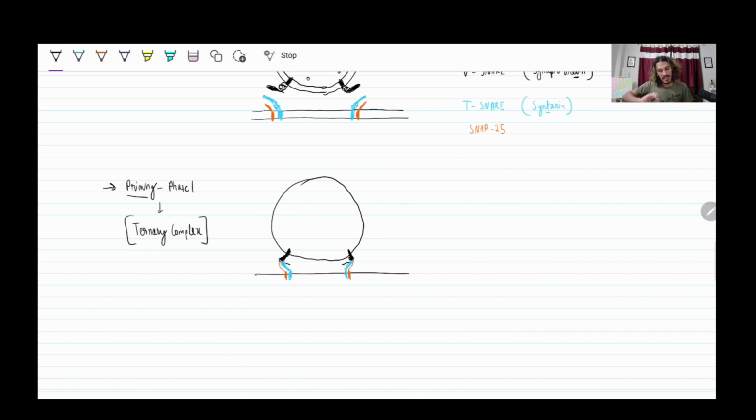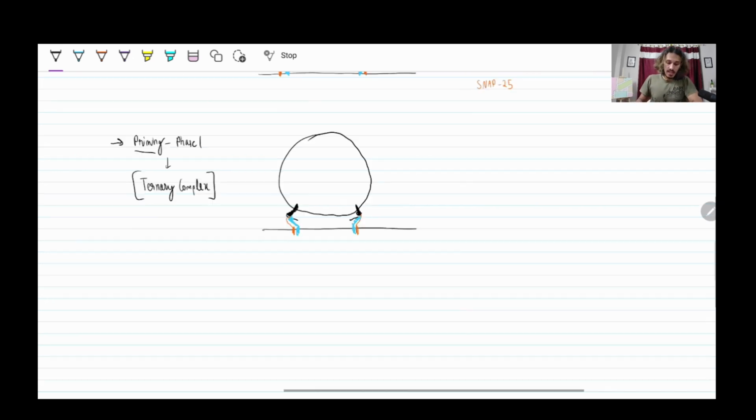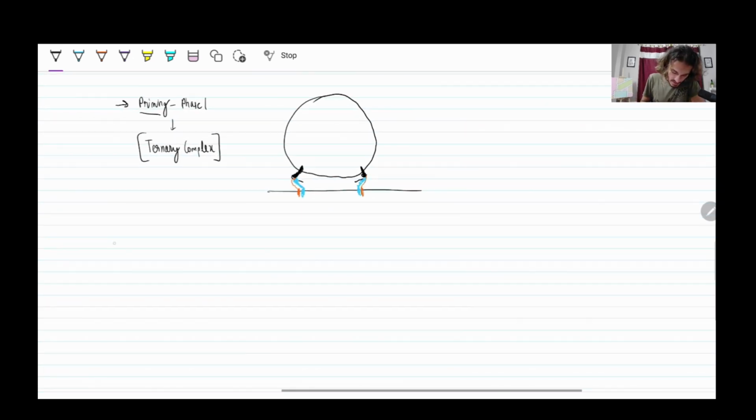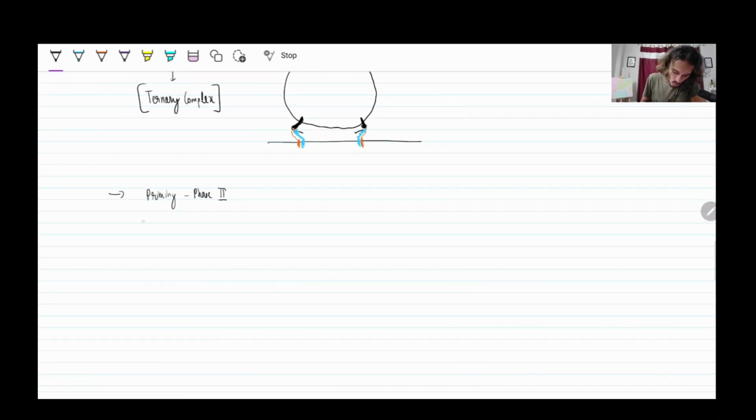Okay, once this ternary complex is formed, the next phase of priming happens, which is called phase 2. So in phase 2, what is going to happen is a stronger binding happens.